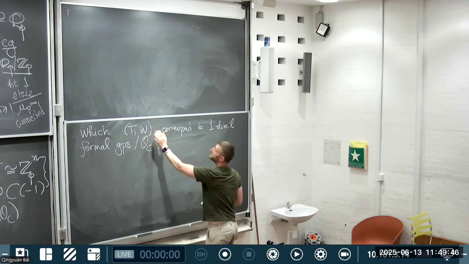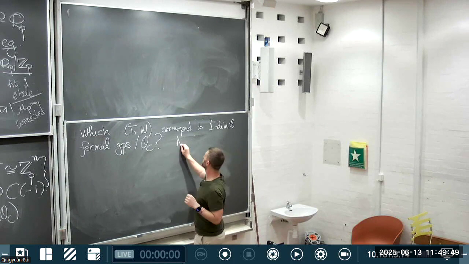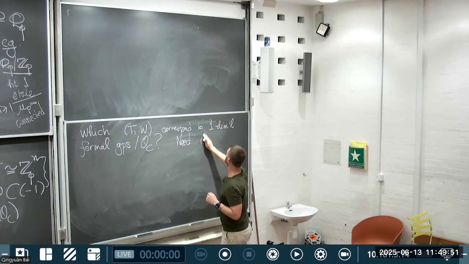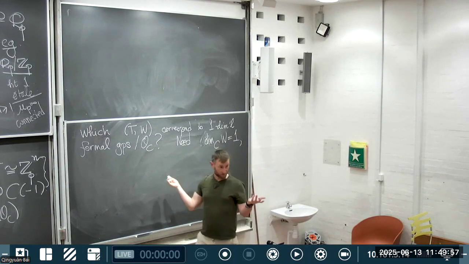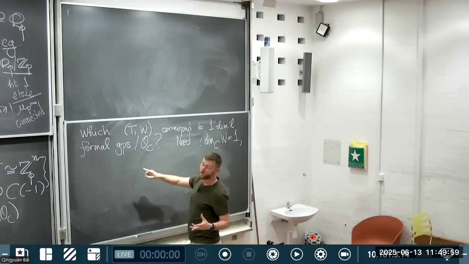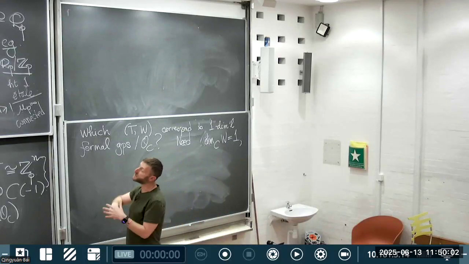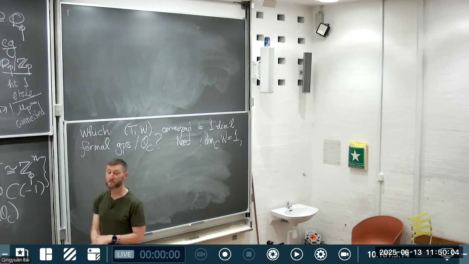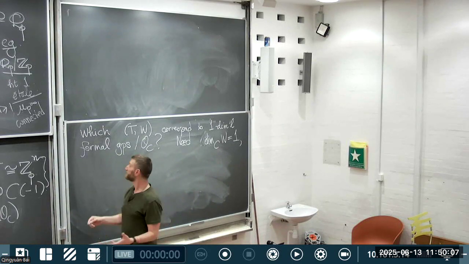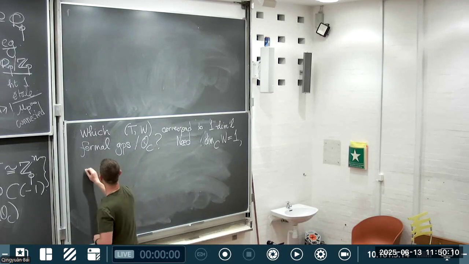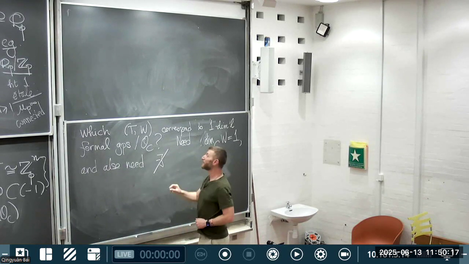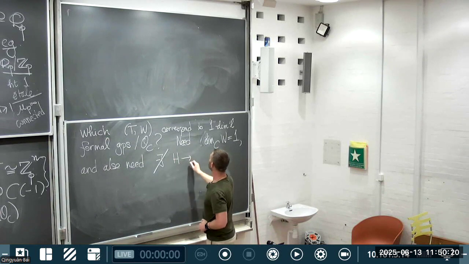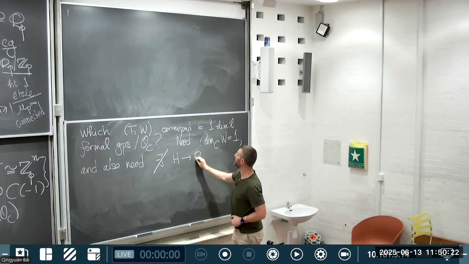So, of course, the W has to be one-dimensional. Great, but we also need to guarantee that the group is formal. So that means that the p-divisible group is connected, and that means there's no étale part. So we also need the non-existence of any non-zero morphism from H to the constant p-divisible group.